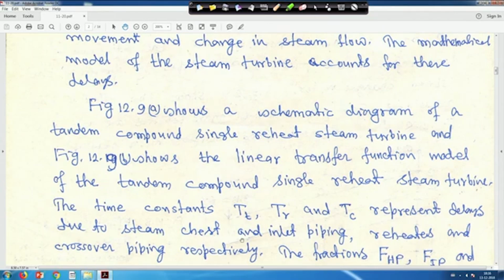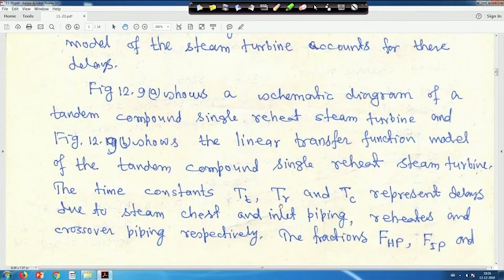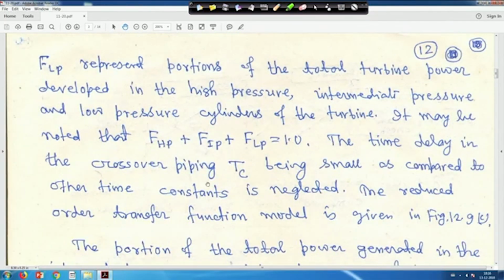TT is the steam chest and inlet piping time constant, TR is what we call the reheat time constant, and TC we call the crossover piping time constant, right. The fractions FHP, FIP and FLP represent portions of the total turbine power developed in the high pressure, intermediate pressure and low pressure cylinders of the turbine, right.